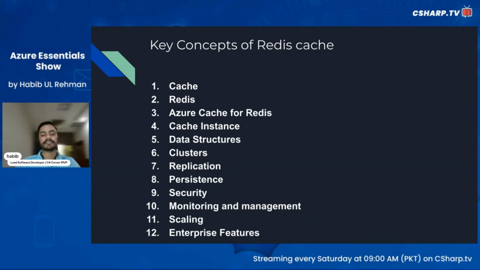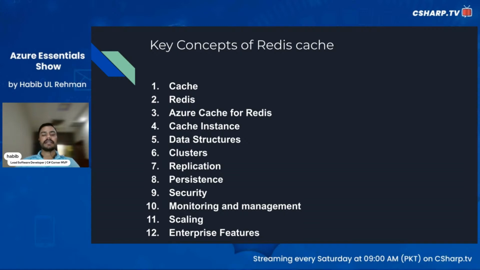Then we have data structures. Azure Cache for Redis supports various data structures such as strings, hashes, lists, sorted sets, bitmaps, and HyperLogLogs. These data structures enable efficient storage and retrieval of data in different formats, supporting a wide range of use cases.